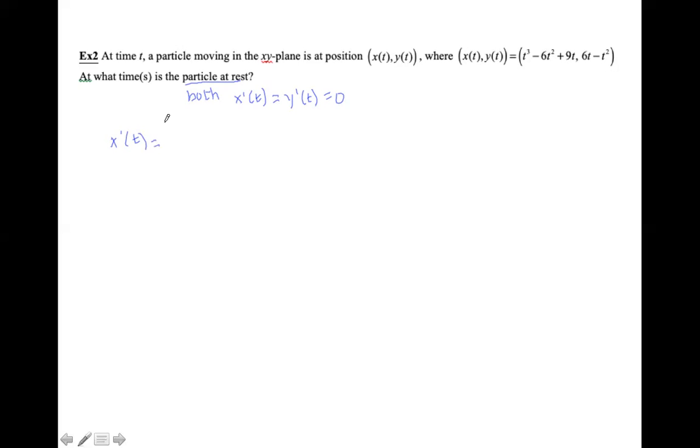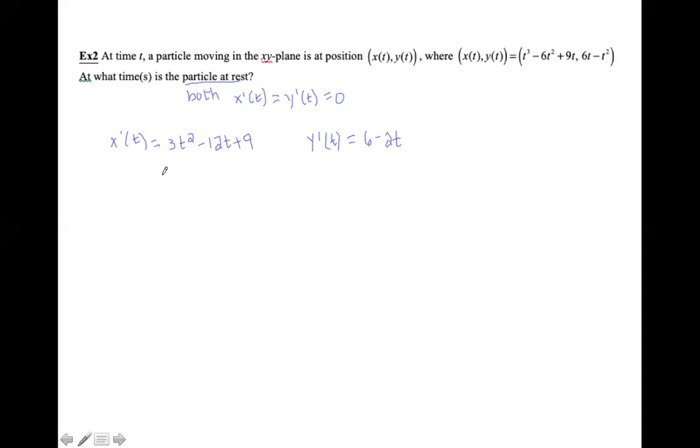I take the derivative of that cubic function, and I will get 3t squared minus 12t plus 9, and y prime of t, if I take the derivative of that quadratic, I get 6 minus 2t. So I want to know where each of these is equal to 0.